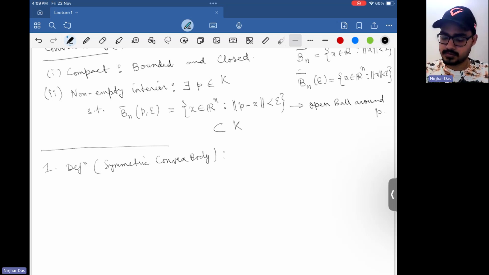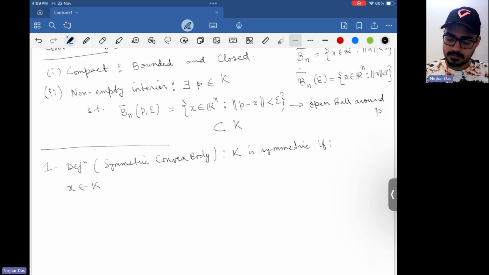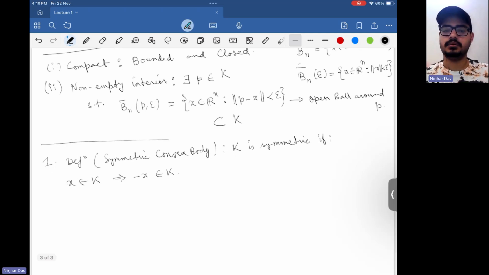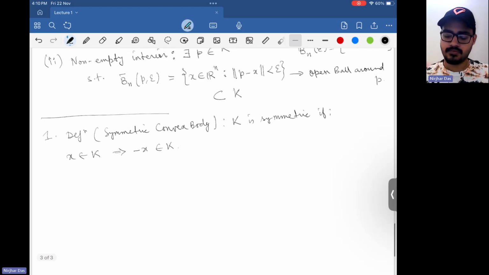So hereafter we will use the notation K in most cases to denote a convex body. K is symmetric if x belongs to K implies minus x belongs to K. So it's in some sense symmetric with respect to the origin, reflection at the origin, right?